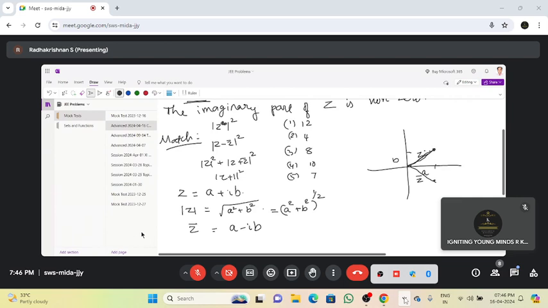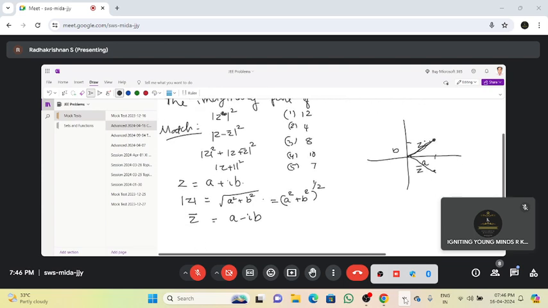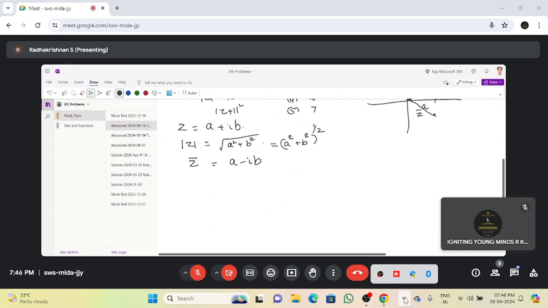Now you just substitute those in the given equation. What is the given equation?